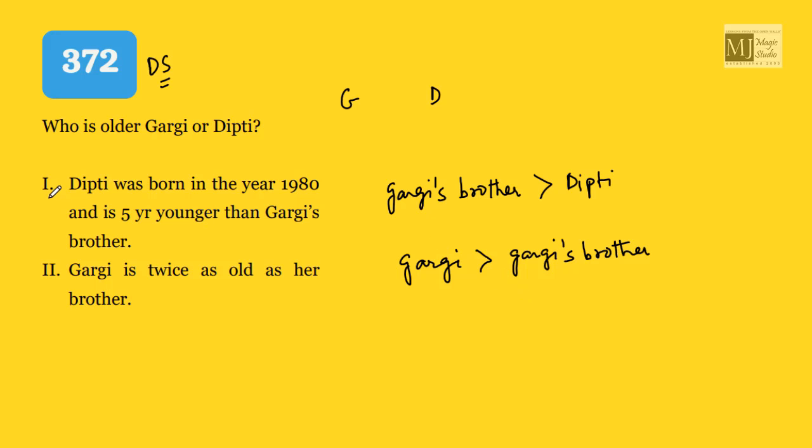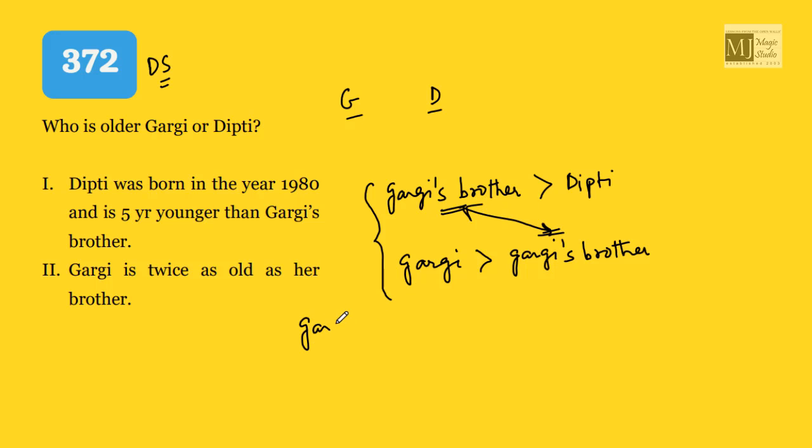That means statement 1 alone and statement 2 alone is not sufficient to answer this. We should have G and D both present in a given particular statement. But if I combine these two, I can see this is the combination link between these two statements.